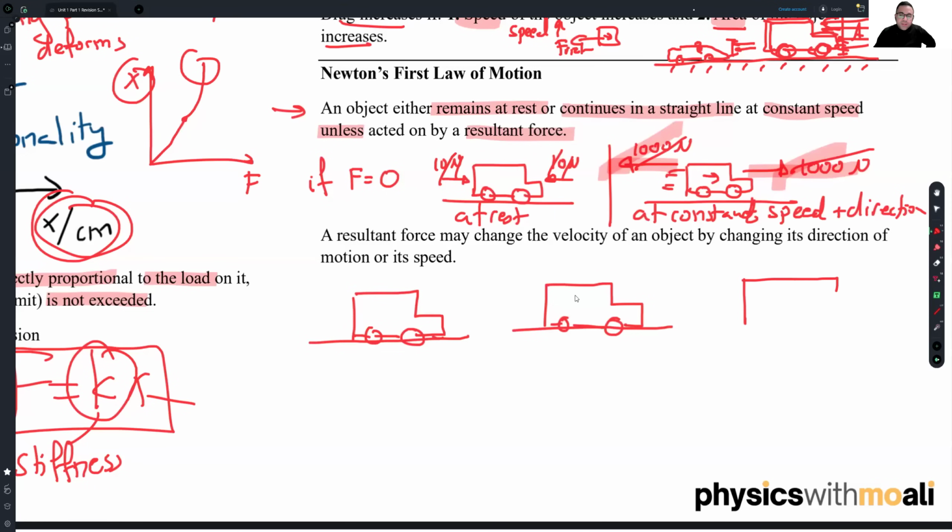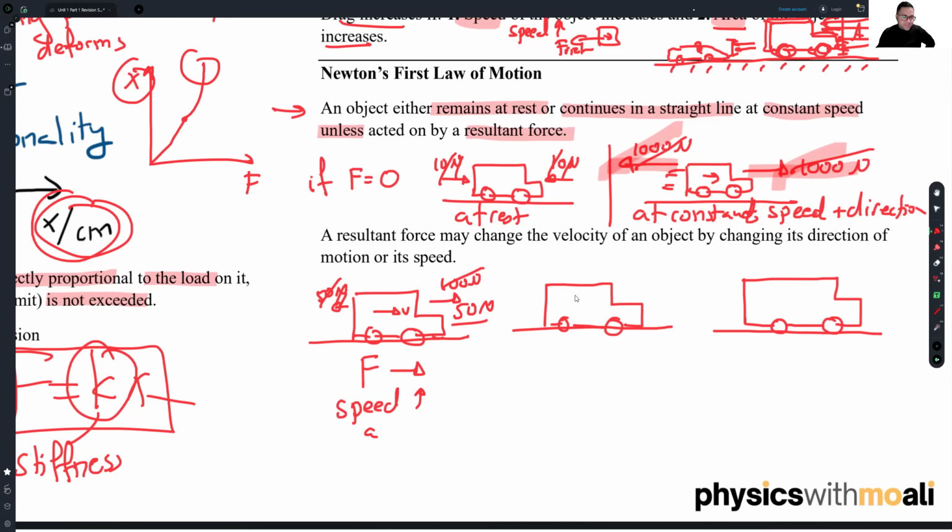Well, depending on the direction of the force, you have three different scenarios. Scenario one, the car is moving to the right. The forward force is 100 newtons, the backward force is 50, which means the resultant force is 50 forward. If the force is forward, the car speeds up. It accelerates.